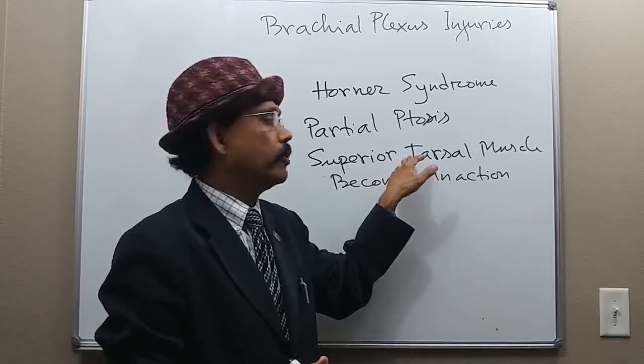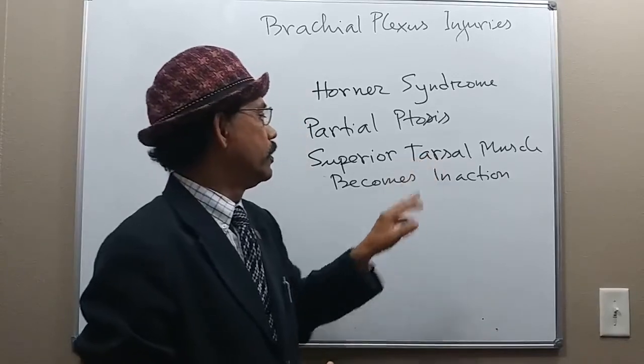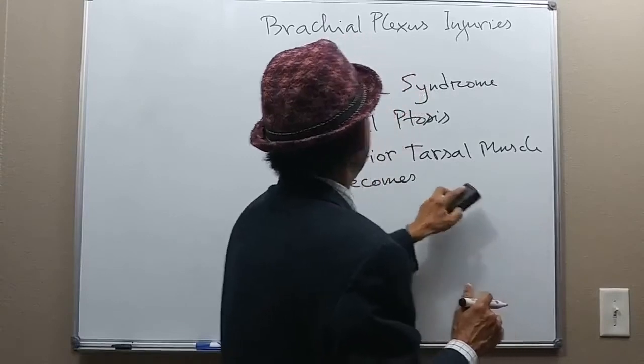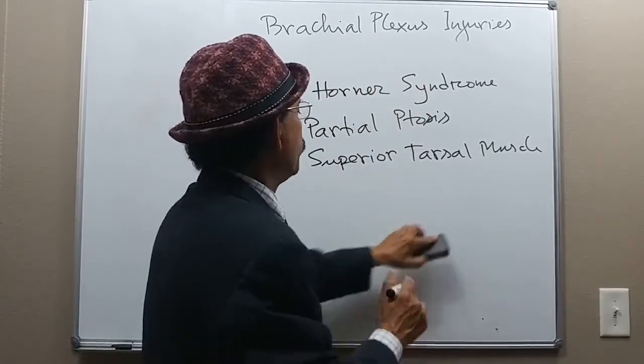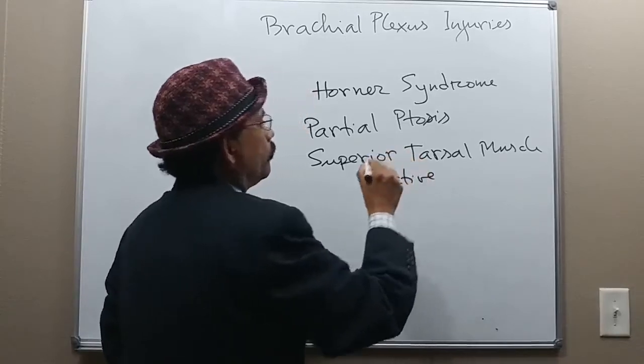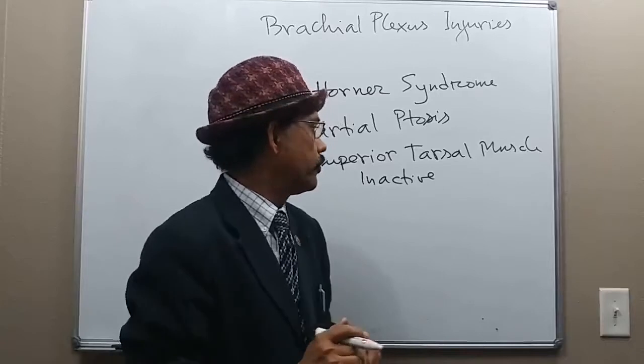This is a smooth muscle. It is innervated by the sympathetic fibers. So the superior tarsal muscle becomes inactive. So there will be partial ptosis, also called pseudoptosis.